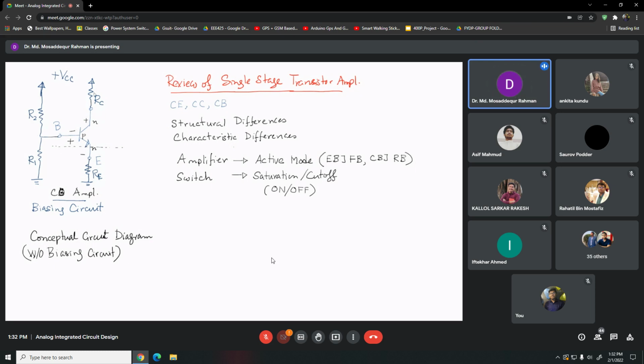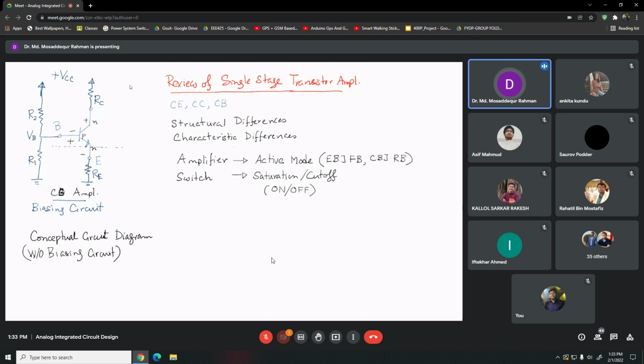Through RC we get a positive voltage here, and that will reverse bias this junction. Then through this network of R1 and R2, a voltage VB will appear here, and that will forward bias this base emitter junction. So this is how we can achieve this.